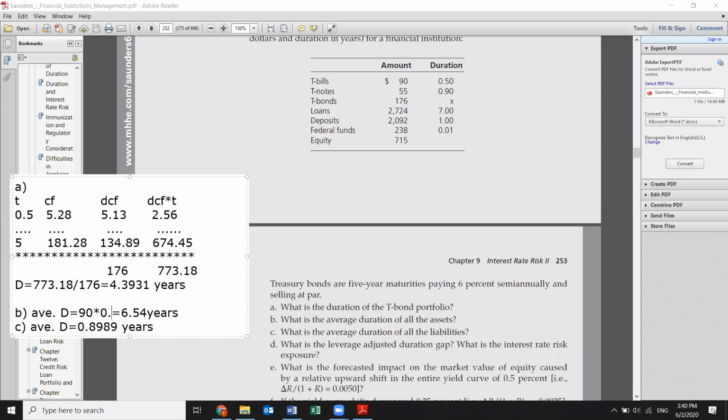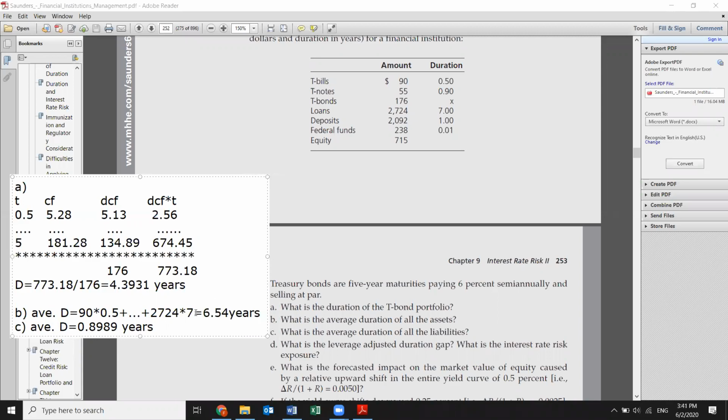0.90 times 0.5 plus loans, which is 2,774 times 7, and this is much what we get.